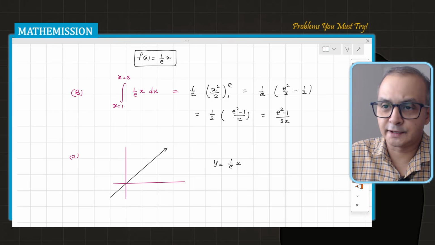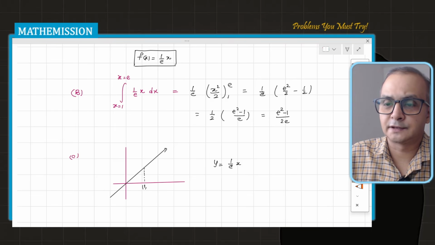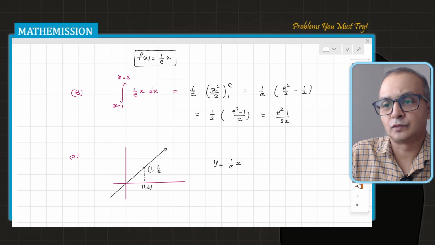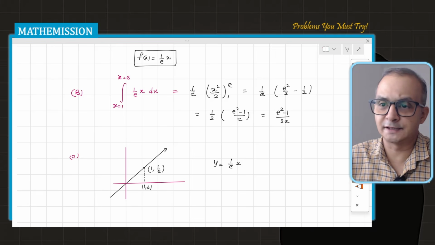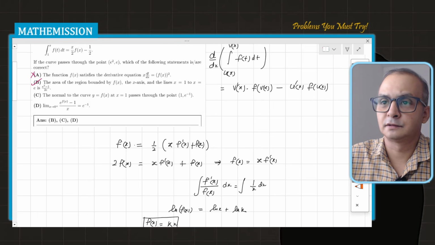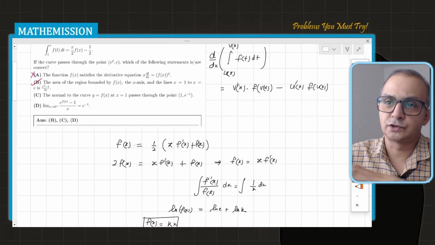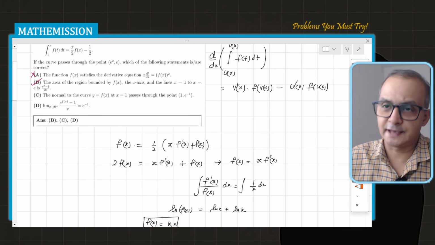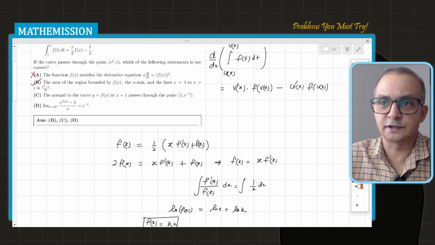And when we put x = 1 there, I will get the point (1, 1/e). At any point where x = 1, you are actually drawing a normal at the same point on this curve.